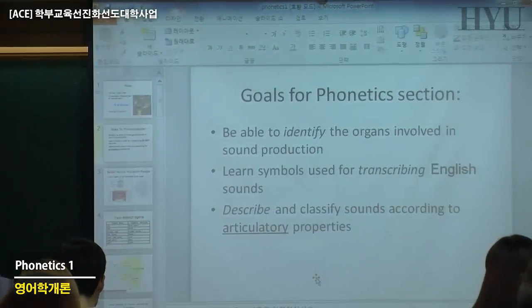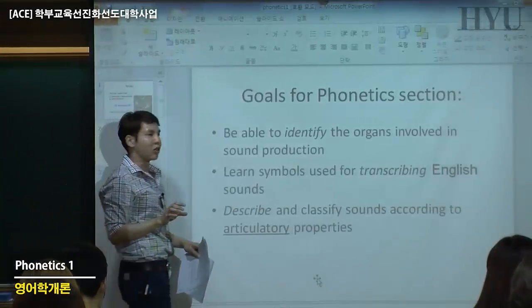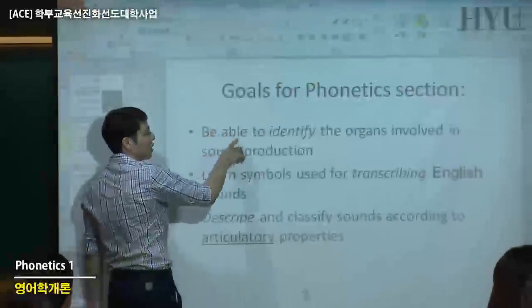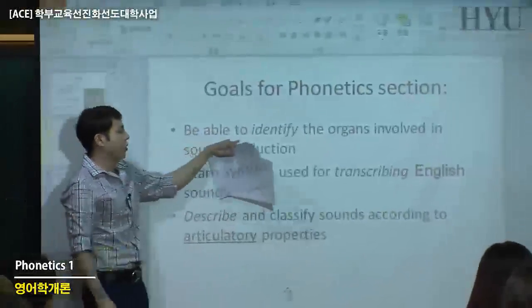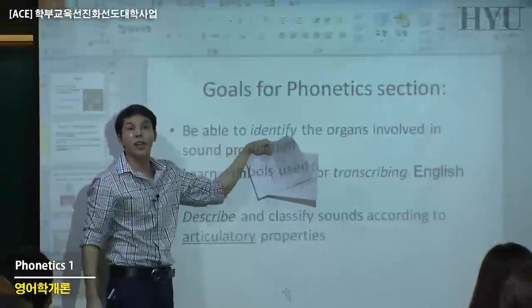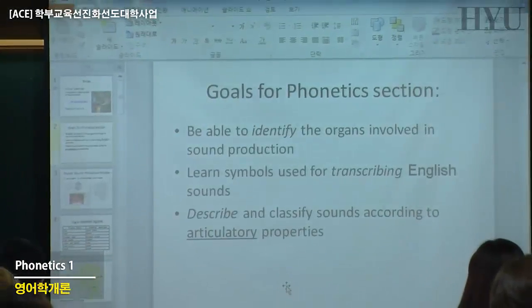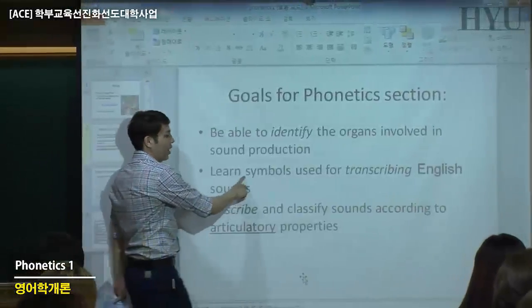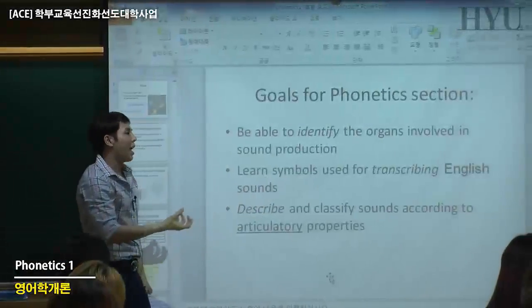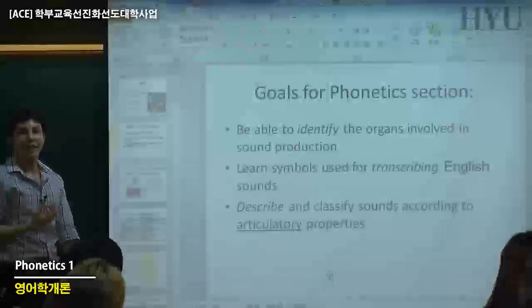And the first goal for this chapter is that you have to be able to identify the organs. So we'll talk about different organs that we use in producing speech sounds. And then you have to learn symbols that we use for transcribing English sounds.